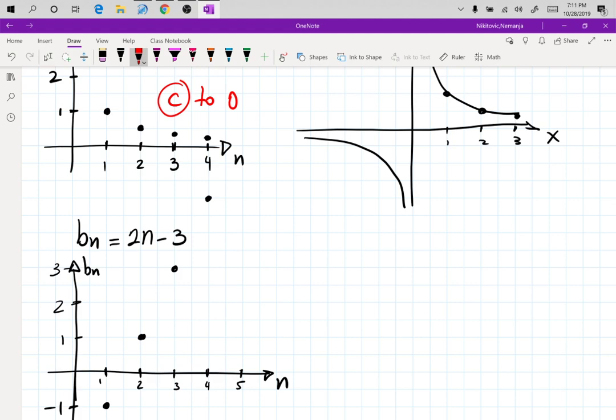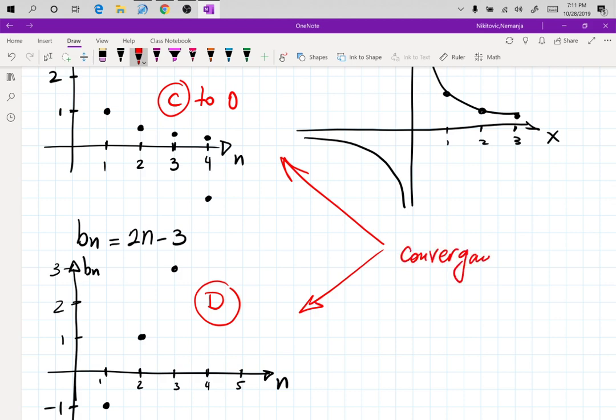Now, the bottom one, as you can see, grows without a bound. We will just call that divergent. So now we are talking about convergent versus divergent. Converges means goes to a finite value.